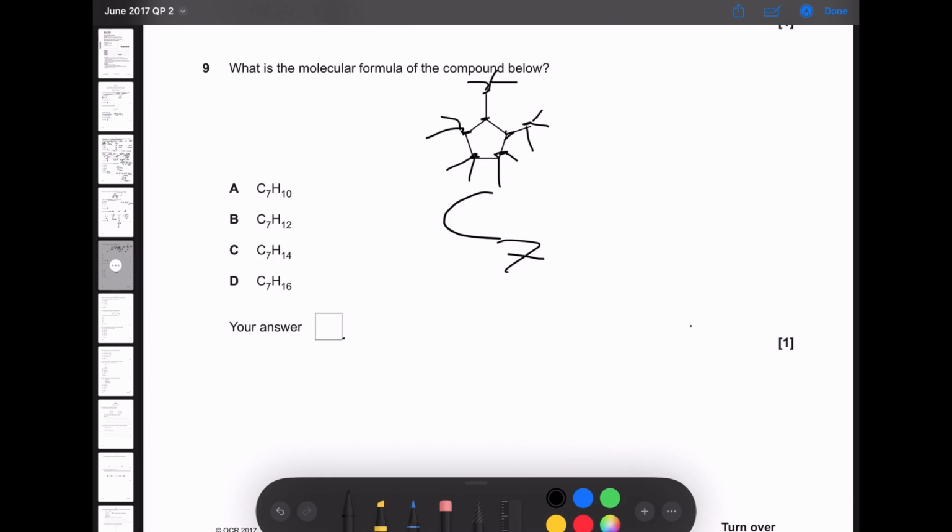And notice all of these make 4 bonds on the carbon. So I've got a hydrogen there and 1 there. So 3, 6, 7, 8, 9, 10, 11, 12, 13, 14, C7H14.